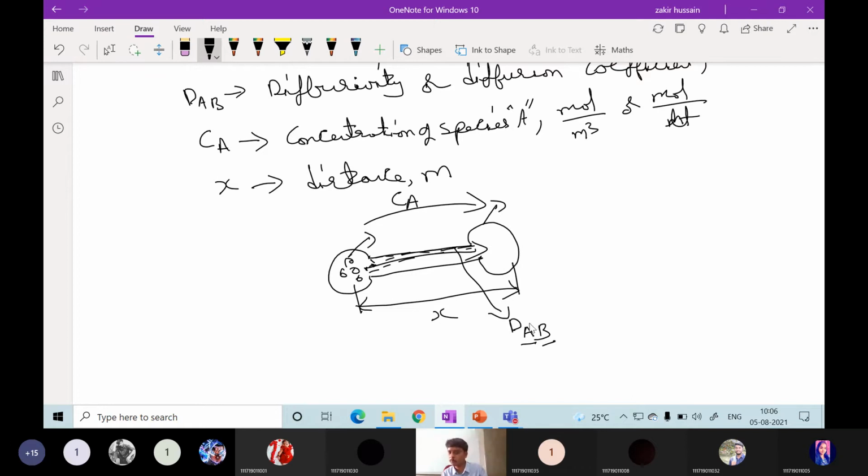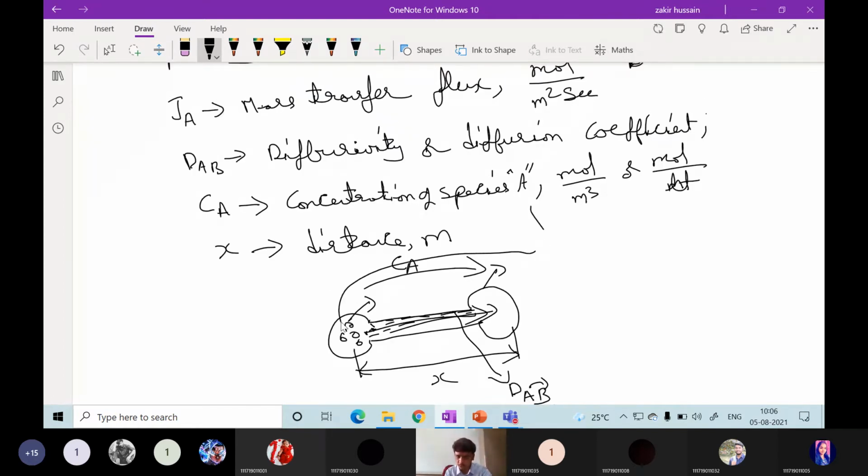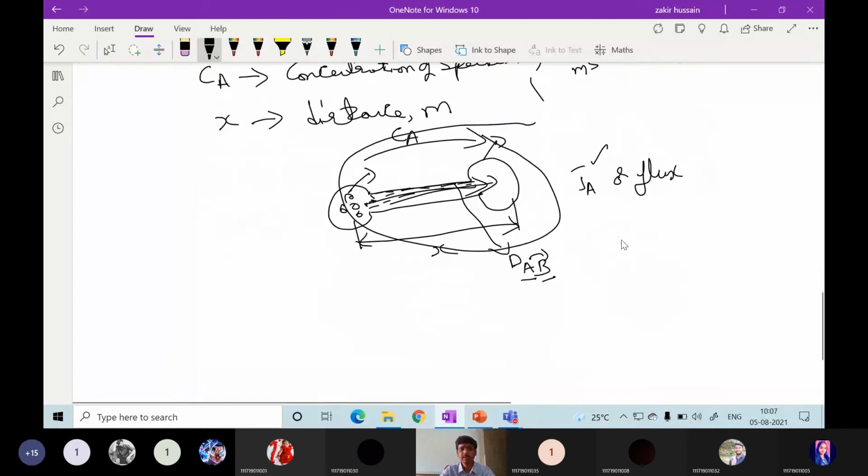This signifies the direction of movement: A is getting transferred to B. The overall movement, the measure of this entire mass transfer process, is called the flux, J_A. So from this, can we define the equation of D_AB? J_A is equal to minus D_AB dou C_A by dou X.